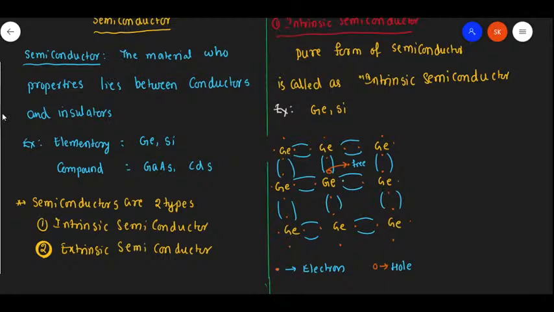Understood? Is it appearing clearly, students, or not? If any color is not appearing clearly, tell me, I will not use that color.